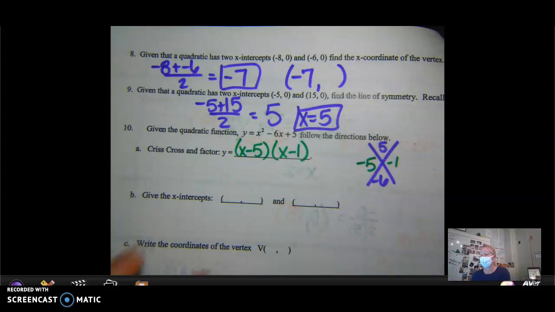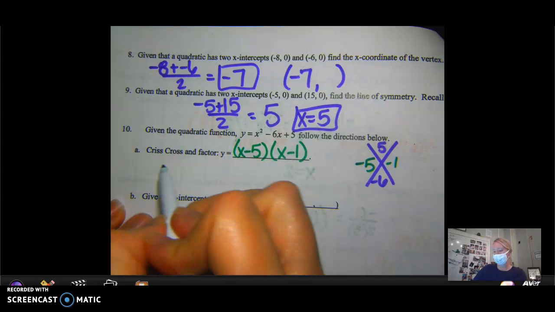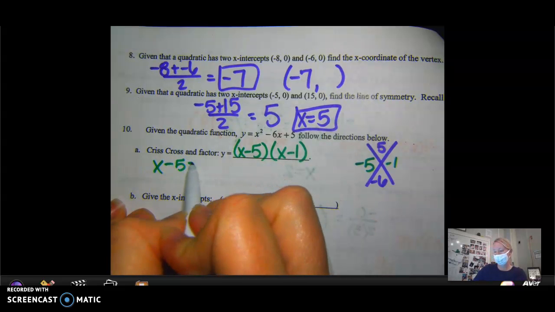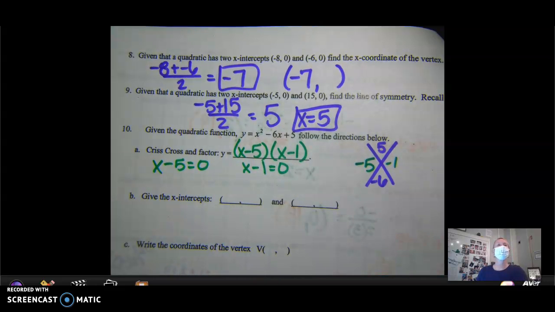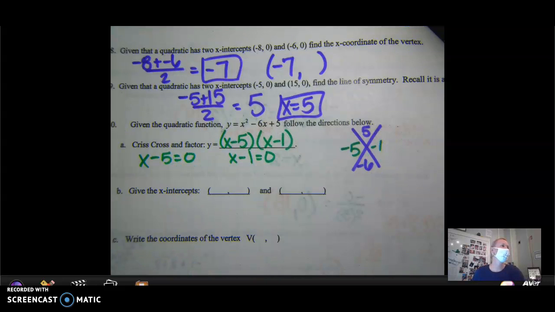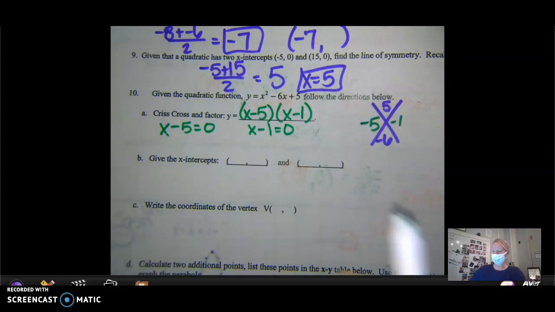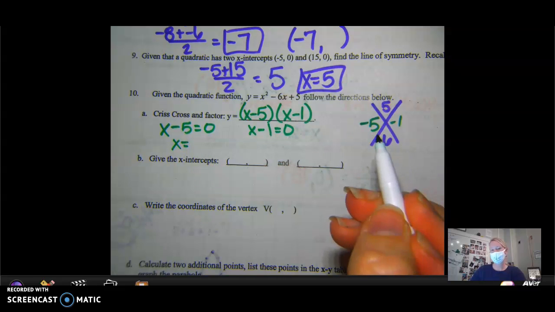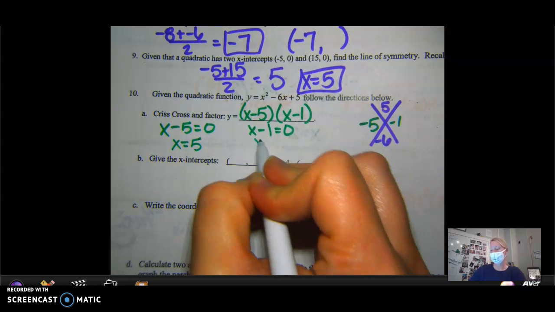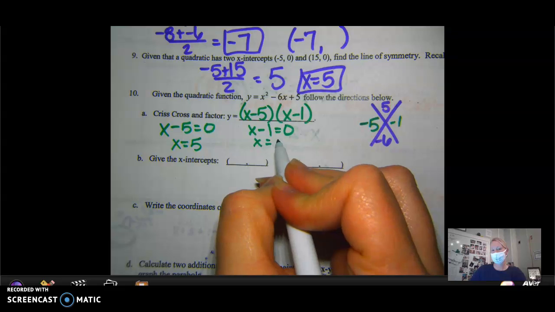All right, what would your x-intercepts be then? This is where we do x minus 5 equals 0 and x minus 1 equals 0 and solve for our x's. What are my 2 x numbers then? What does x equal here, guys? Yep. What does x equal here? What does x equal?